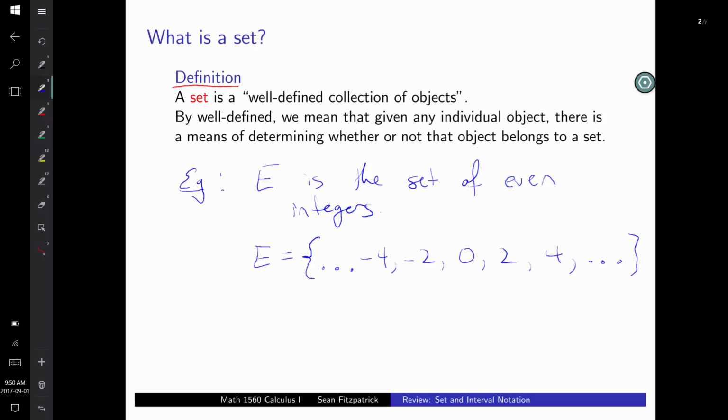However you want to describe that set, verbally, as a list, or using a formula, you could say it's the set of all numbers of the form 2 times k, where k is an integer. This capital Z is our notation for integers. We'll get to that in a second, right? There are lots of different ways that you could describe that set.